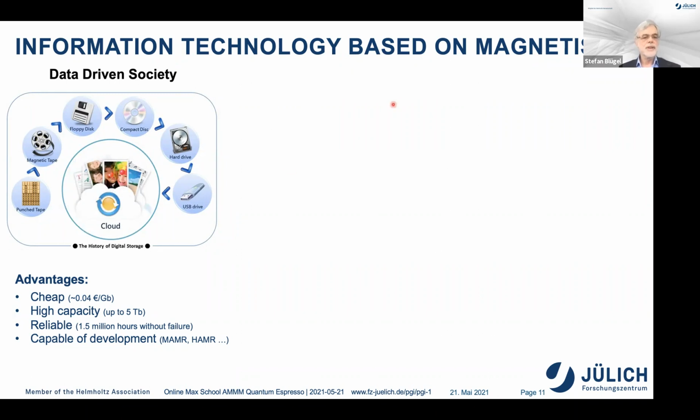It is cheap, it has a high capacity, it's extremely reliable, and it is capable of further developments. And without this hard disk, all this cloud computing would not be possible, because the hard disk is where all these big data centers are. They are using this hard disk. Of course, not these small ones, but hard disk farms.